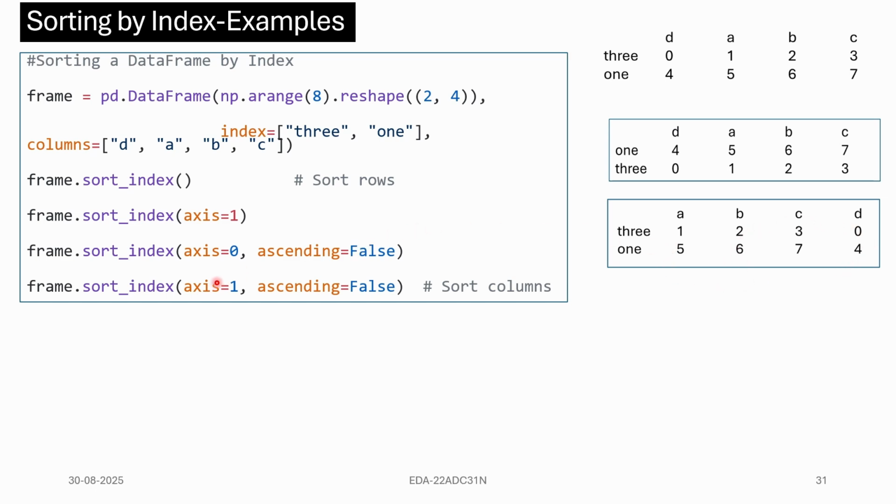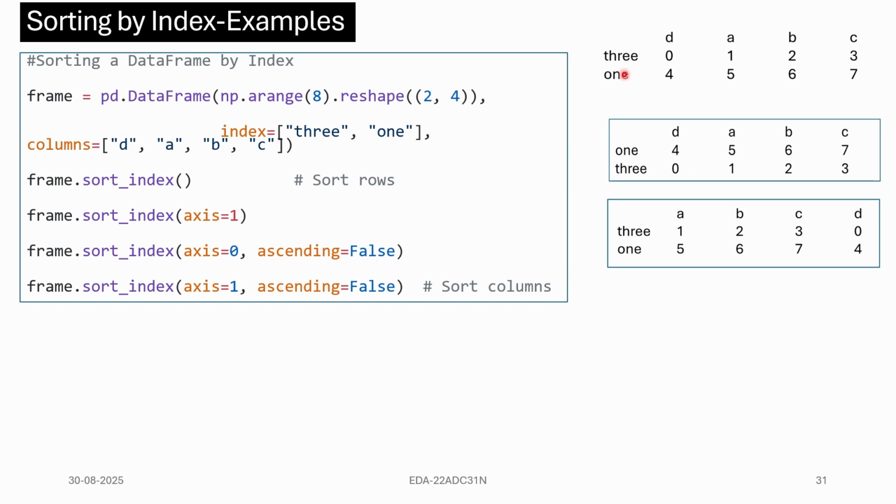And the next one is sort_index with axis equal to 0 and ascending equal to false. Here you pause for a while and think what the corresponding output is. When you say axis equal to 0, the meaning is vertically along the y-axis. Vertically means we have only the index, which is 3 and 1. If you say ascending equal to false, the elements are going to be arranged in descending order.